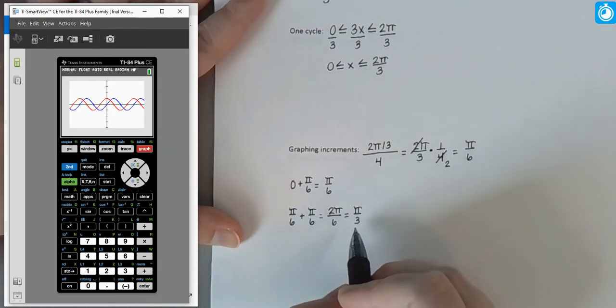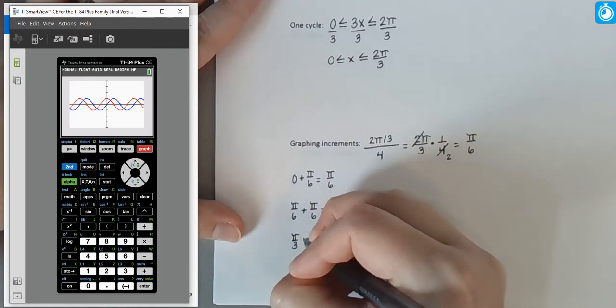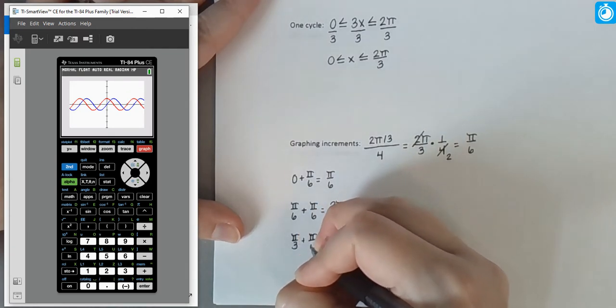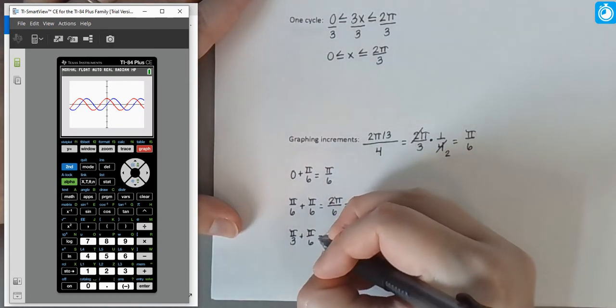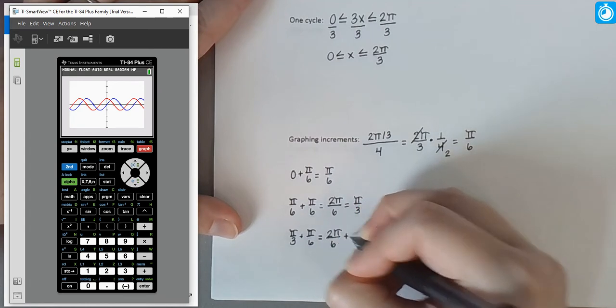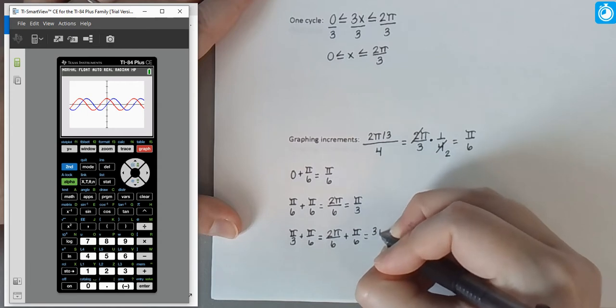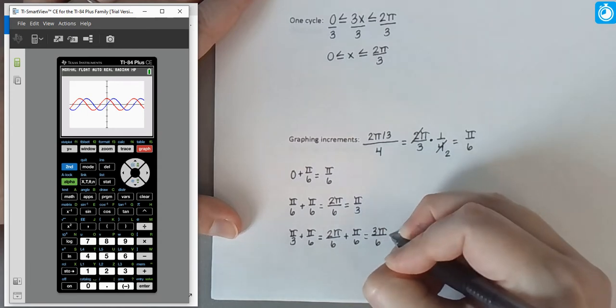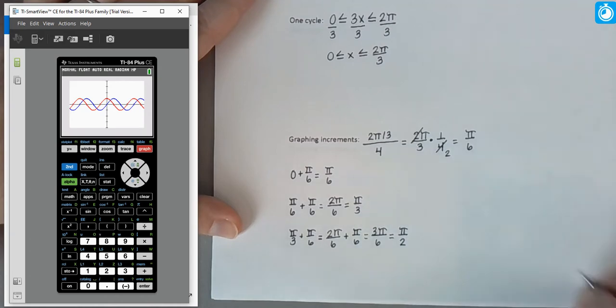From pi over 3, we're adding an additional pi over 6. Okay, we know pi over 3 is the same thing as 2 pi over 6. So we're taking 2 pi over 6 and adding on pi over 6, which is going to give us 3 pi over 6, which reduces to pi over 2.